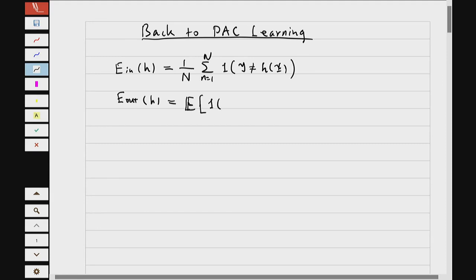Sorry, this is xn, yn here for the nth sample. But for the E out, we don't have n. We can only say, given any particular sample x, what is the expected value of that indicator function? We also know it's the probability that y is not equal to h of x.